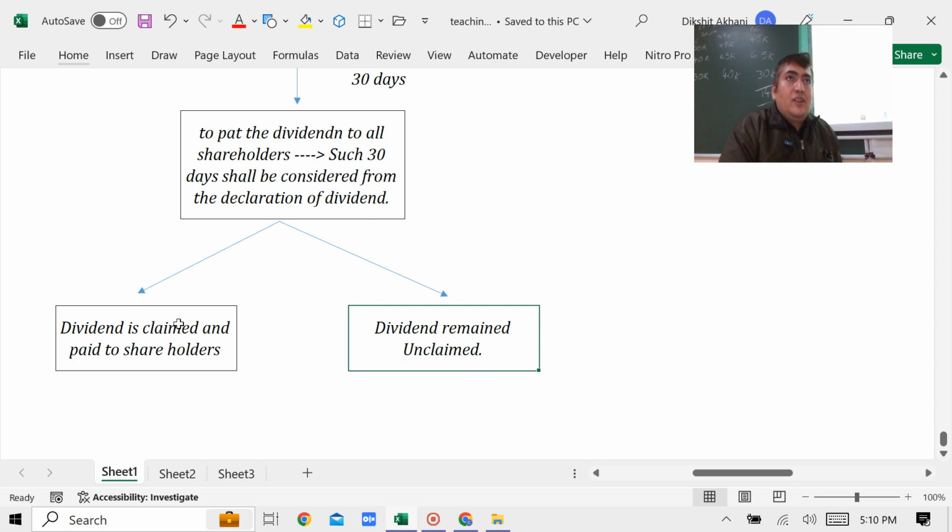When you're confirming that yes, this is my money and I deserve to get this, that's called your claim. And when you deposit it to your bank account, that much money gets deducted from the company's bank account and transferred to your bank account, that's called the payment.